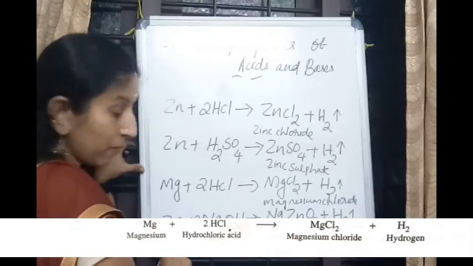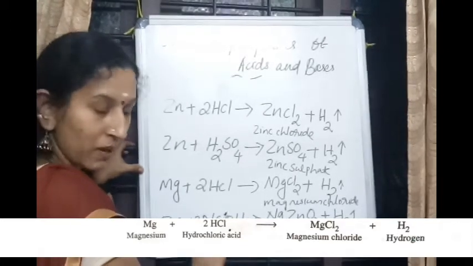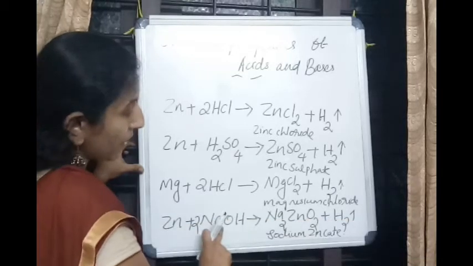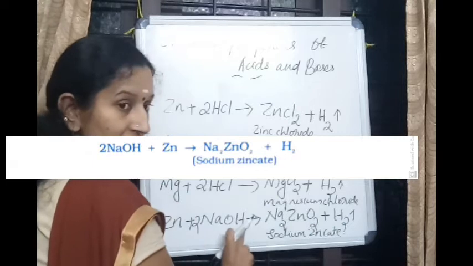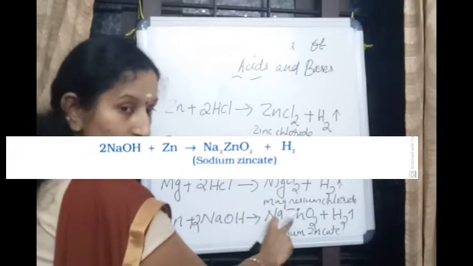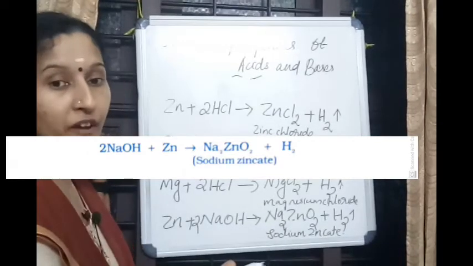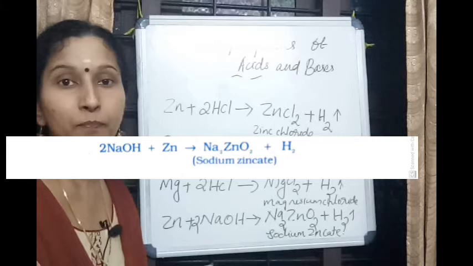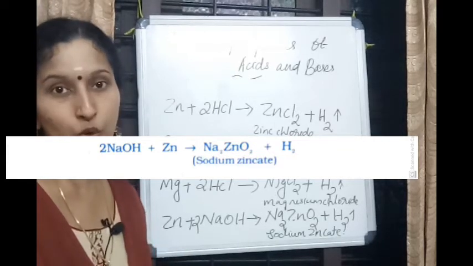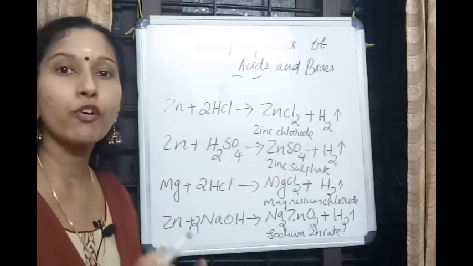And this is another very important reaction, when a metal reacts with a base. Sodium hydroxide is a base. When a metal reacts with a base, it forms metal salt and hydrogen. So this reaction and this product are very important. There's a chance of a question like: identify the product when zinc reacts with a base, sodium hydroxide, and write the molecular formula for the product.